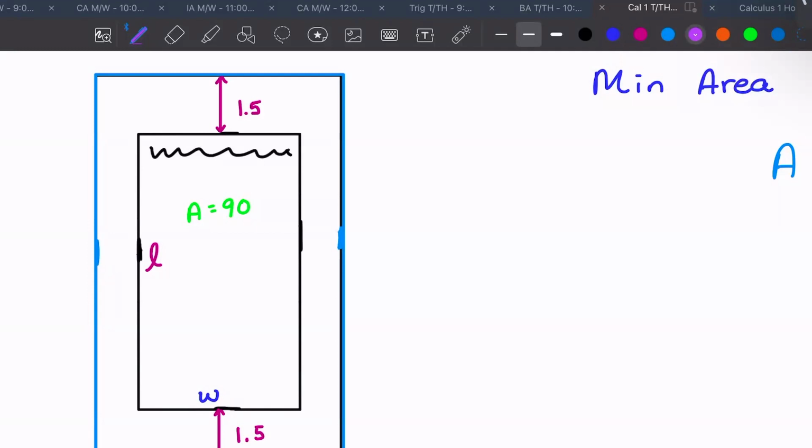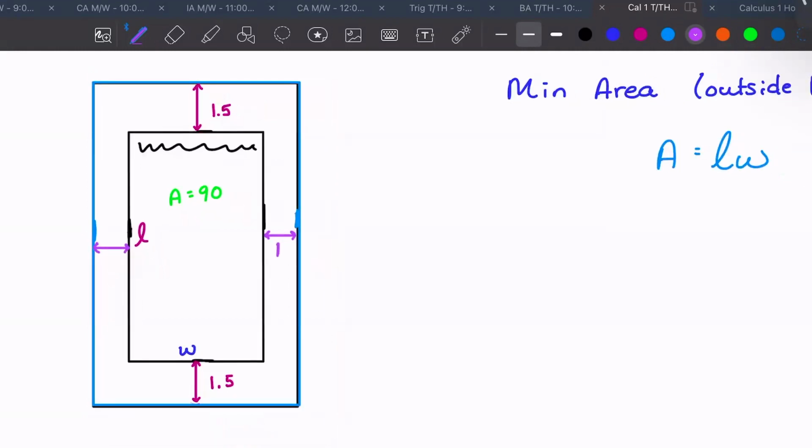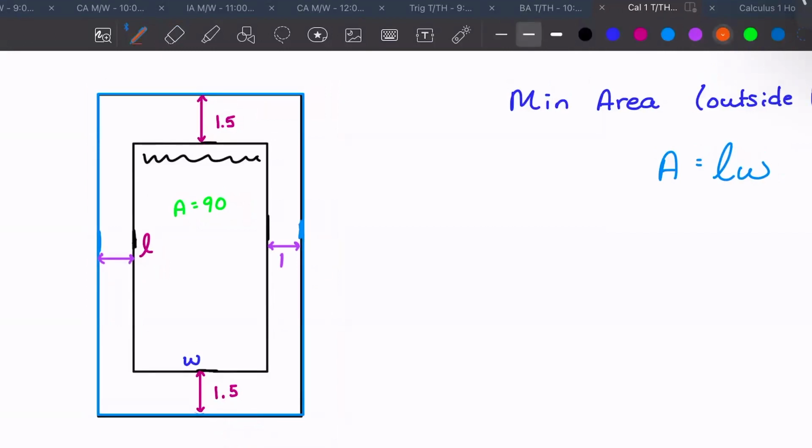Yeah. This was 1 inch. Okay. So we are looking for the area for the outside rectangle. So we need this length. Oh man.